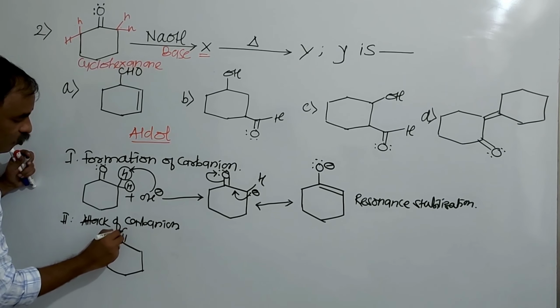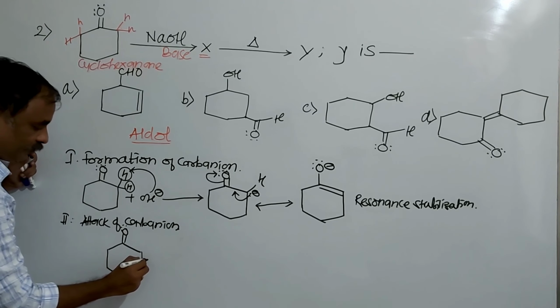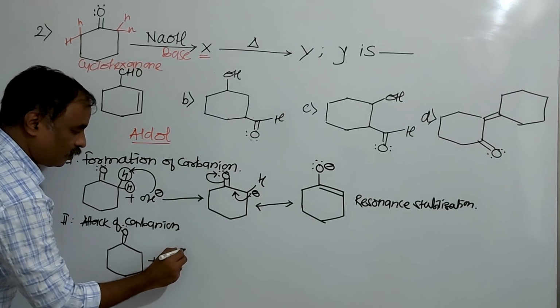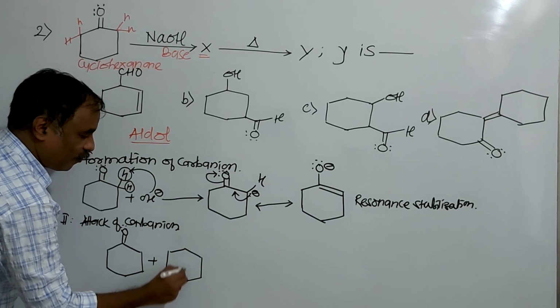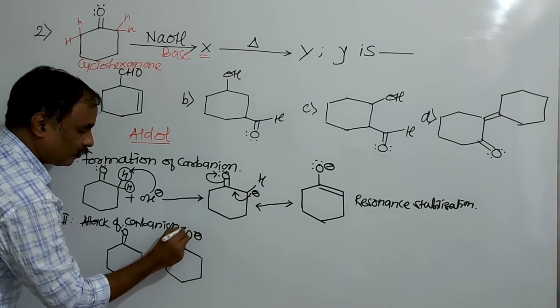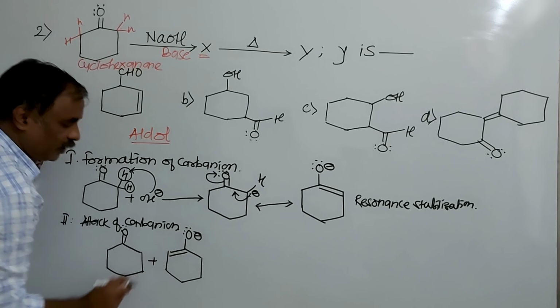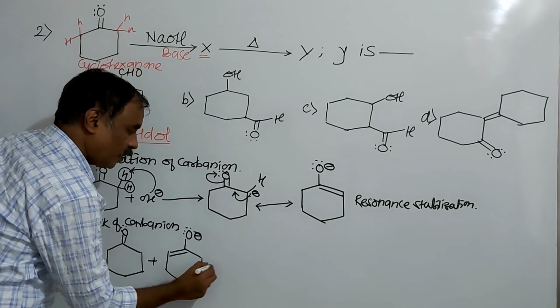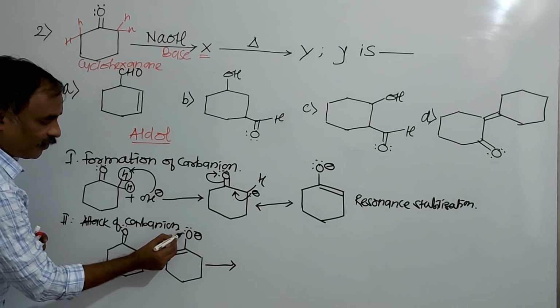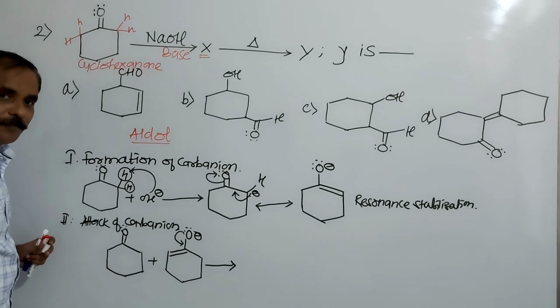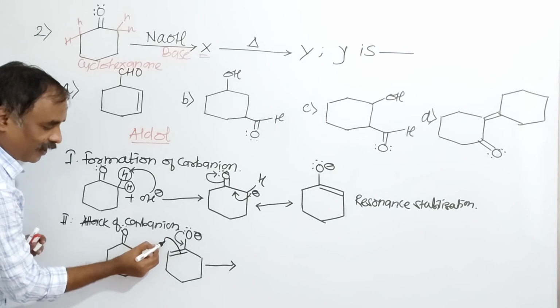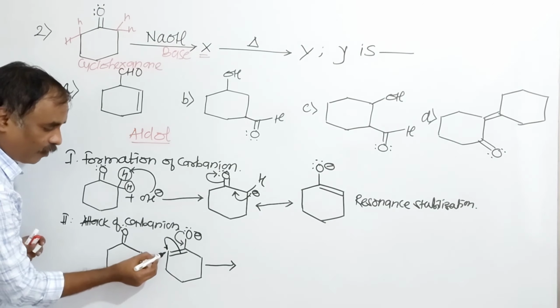Here it is the second molecule of cyclohexanone. I will take the resonating structure of the carbanion like this: shifting again this pair of electrons here, forming a carbon-oxygen double bond, breaking the pi bond and shifting electrons, and again forming a carbanion.